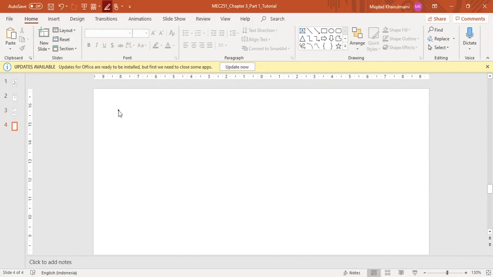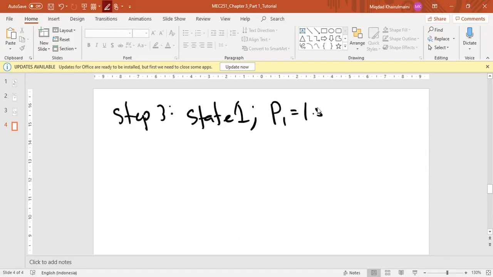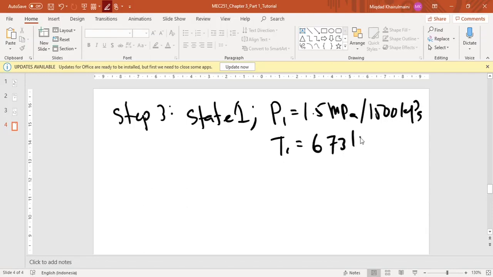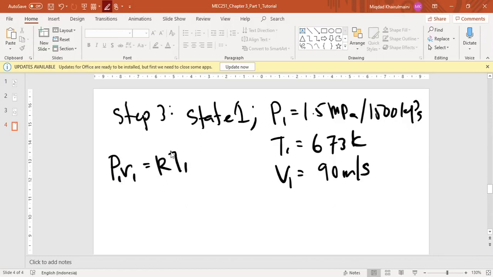So for step 3, state 1 first. What we know is the pressure, 1.5 megapascal or 1500 kilopascal, the temperature in Kelvin, 673 Kelvin, and the velocity, 90 meter per second. What we want to find is the specific volume. So we can use the ideal gas equation, Pv equals RT.